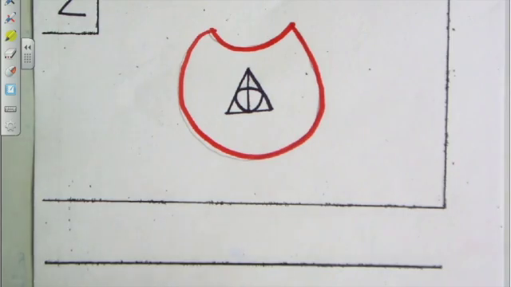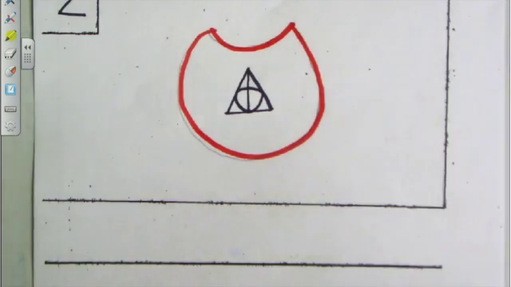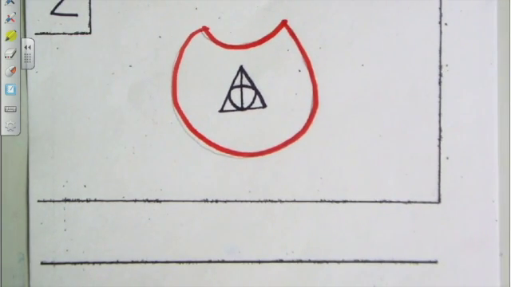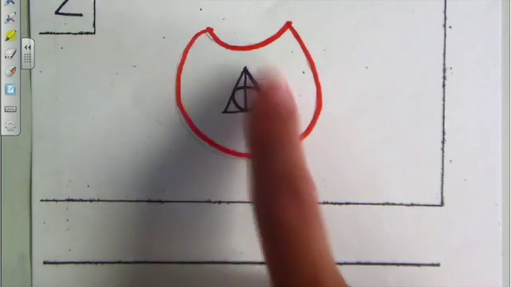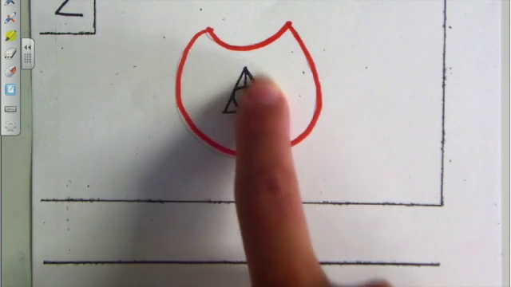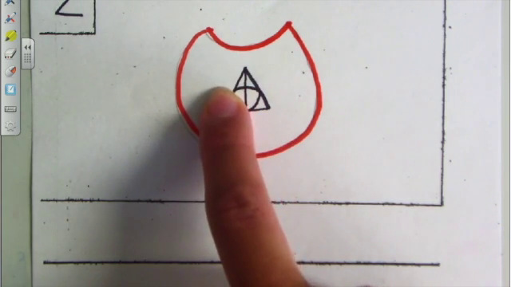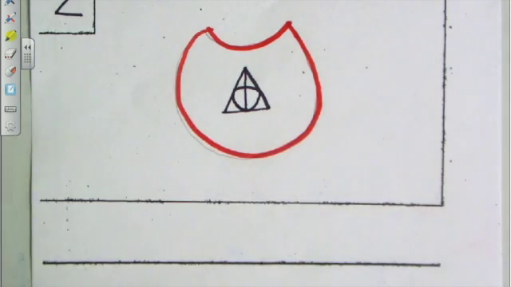So in page 1, first, I clean the pumpkin. For our next step, step 2, do you remember what I did? Yeah, I stenciled in the design I wanted on my pumpkin. And I chose the Deathly Hallows. So, stenciled.